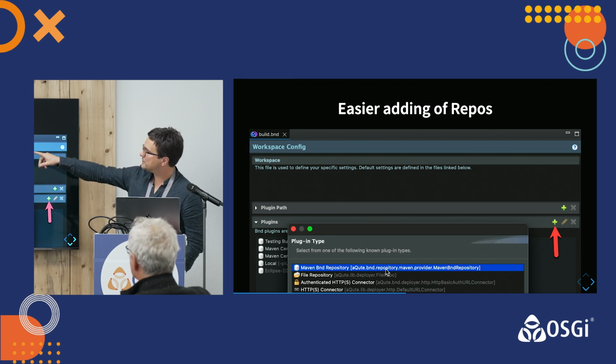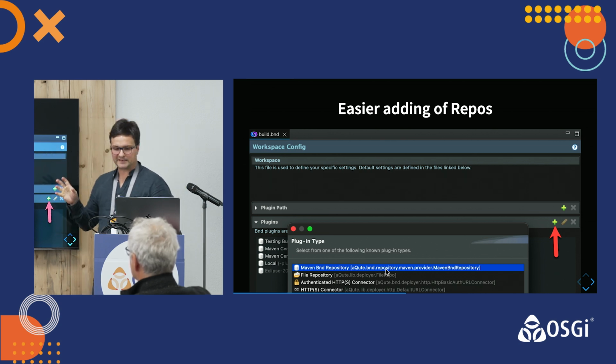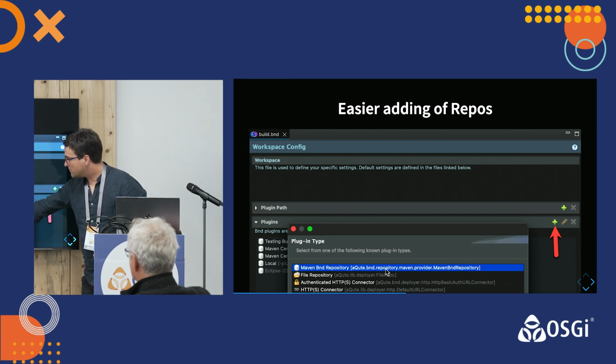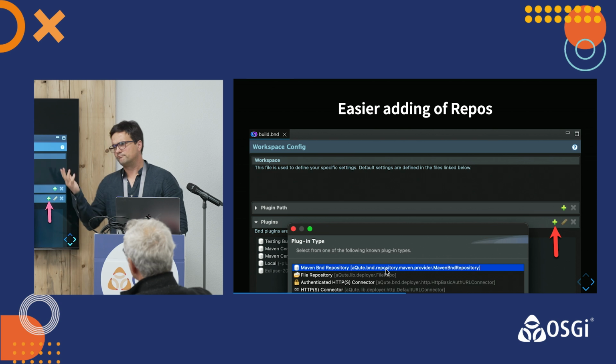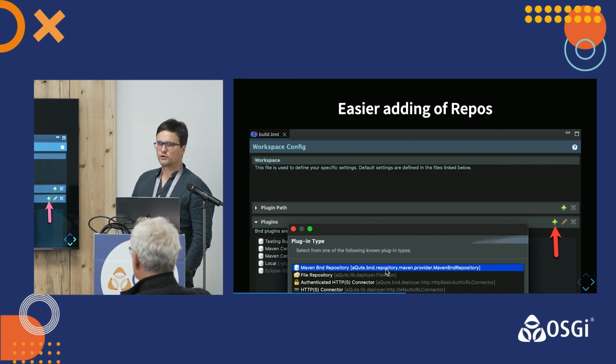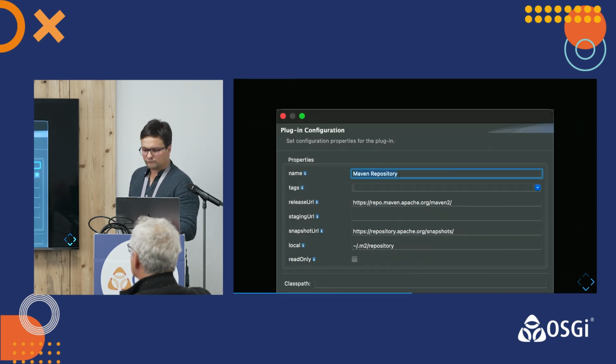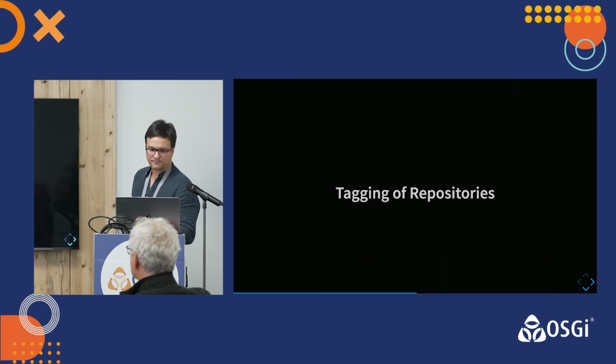For example, if you open the build.bnd file in your cnf folder, now this plus button also shows the Maven BND repository, which is like the main repository, which was also mentioned in the docs. It didn't appear there, so this is now possible to add directly here. Then you can basically add a repository with a UI.